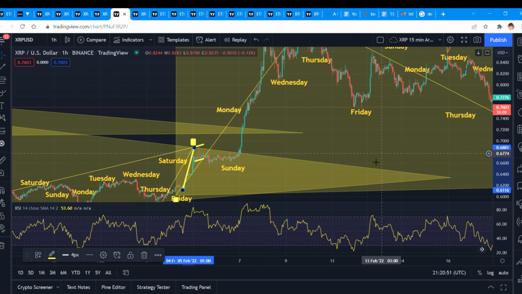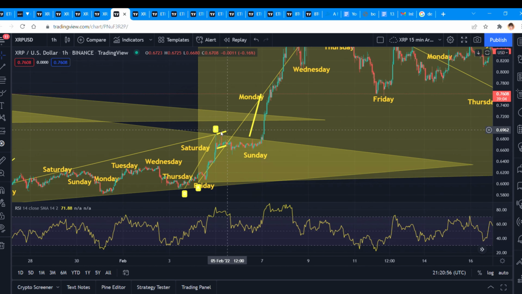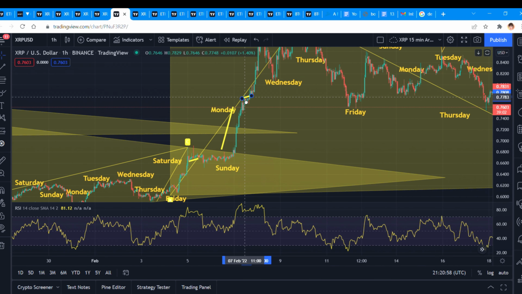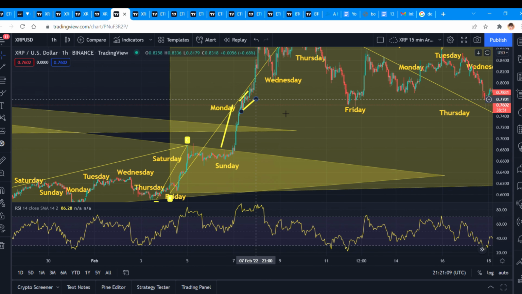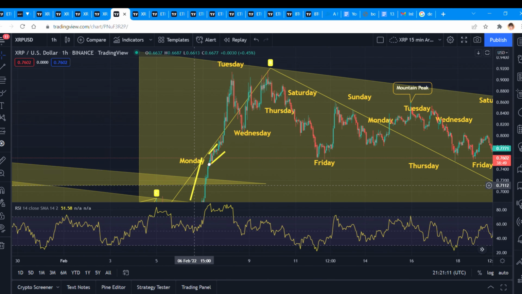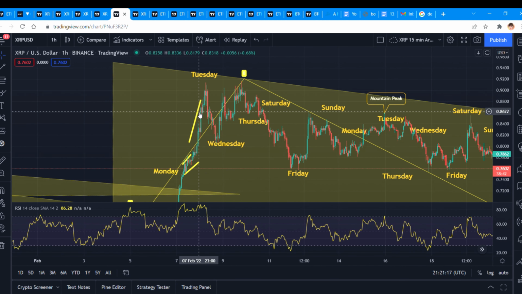Second step up, again, a lovely bull flag. Third step up, do we have a bull flag? Yes, very good, perfect. We don't have a bull flag here, but I'll show you a bull flag here.